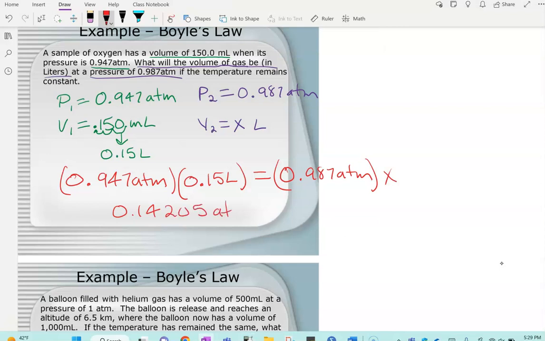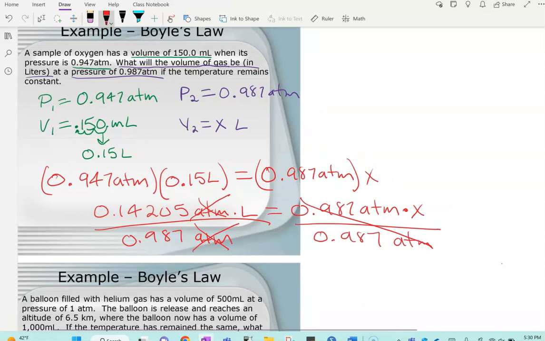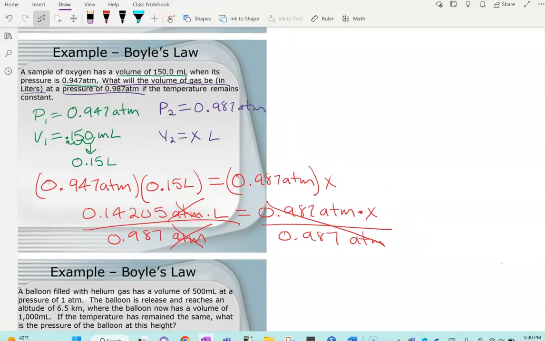Right now this is atm liters because those units have combined, equals 0.987 atm times our X. Now I'm going to divide both sides by 0.987 atm so that I can get X by itself. Again, this is why writing your units can be helpful, because if we have atm over atm, that cancels. So then my final answer is in liters, which is what I wanted.